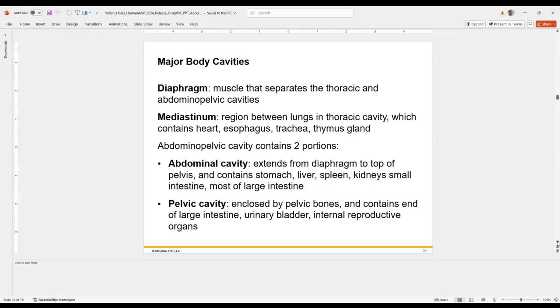You have an abdominal cavity that extends from the diaphragm to the top of the pelvis and contains the stomach and the liver and spleen and kidneys and small intestine and most of the large intestine. The pelvic cavity is enclosed by the pelvic bones, and it contains the end of the large intestine, the urinary bladder, the internal reproductive organs.